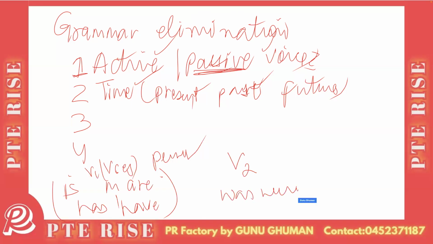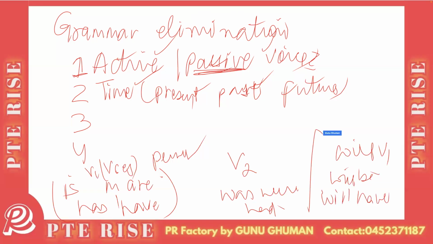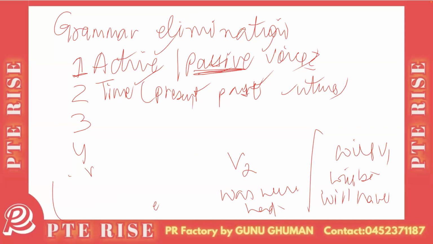Was, were, and had. What is future? Will plus first form of verb? Will be. Will have. They are your future categories. So you will know if your tense is in the future or past or present, and according to that, you will use your helping verbs.